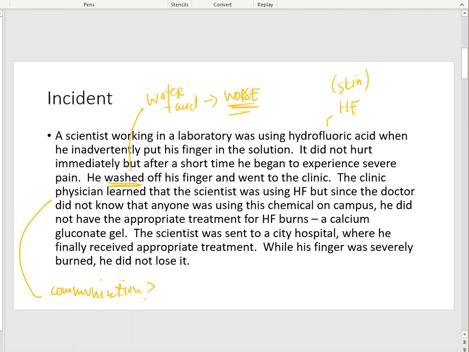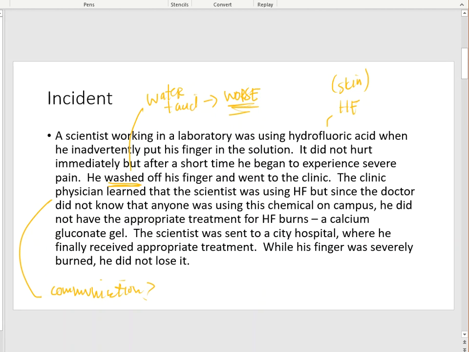So here's a communication barrier that needs to be prevented at all times, meaning that this laboratory should always be in constant contact with physicians' offices, doctors, anyone medical at the facility, and your employers should be as well. They probably will have maybe a medical doctor or a nurse on hand to let them know what is getting used in the lab.